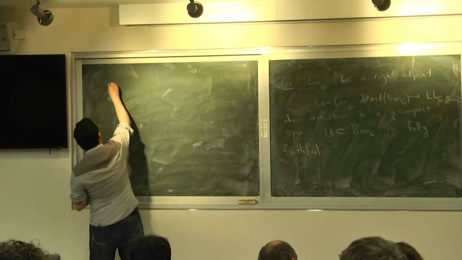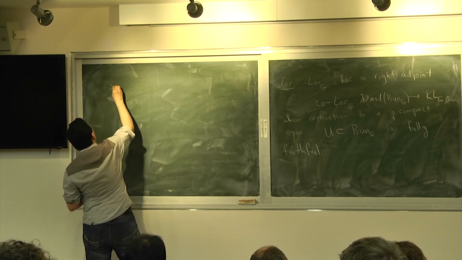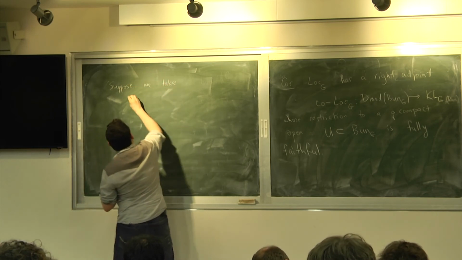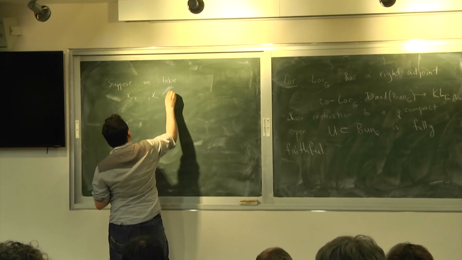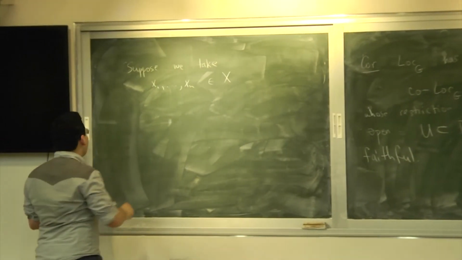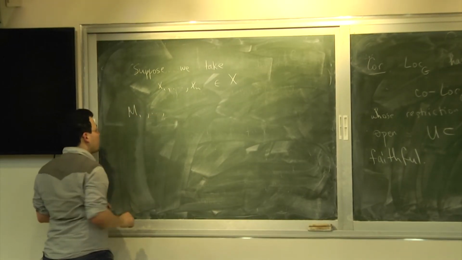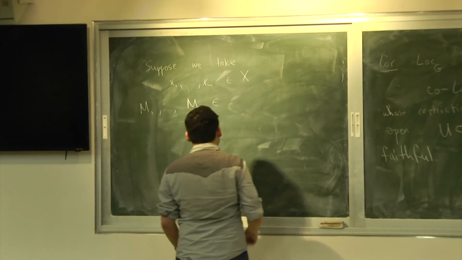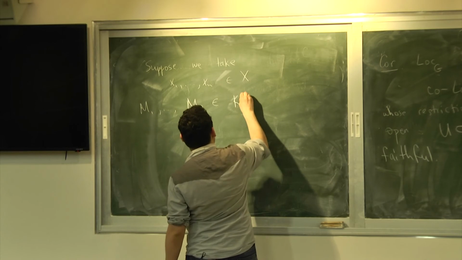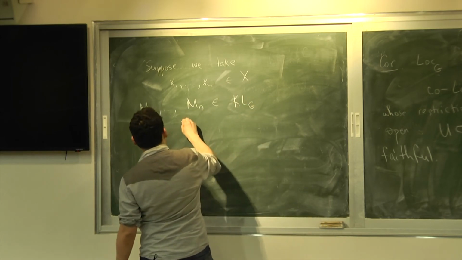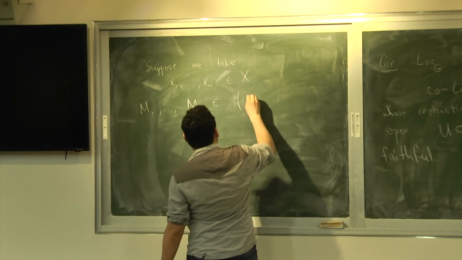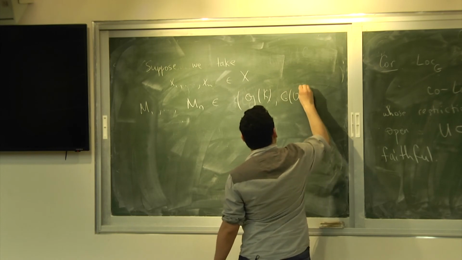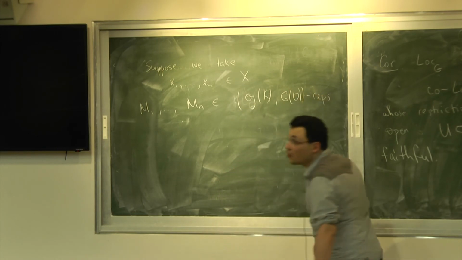So suppose we take some number of points in X and the same number of modules in, well, KLG. So let me just write it more concretely as G of K, G of O representations.